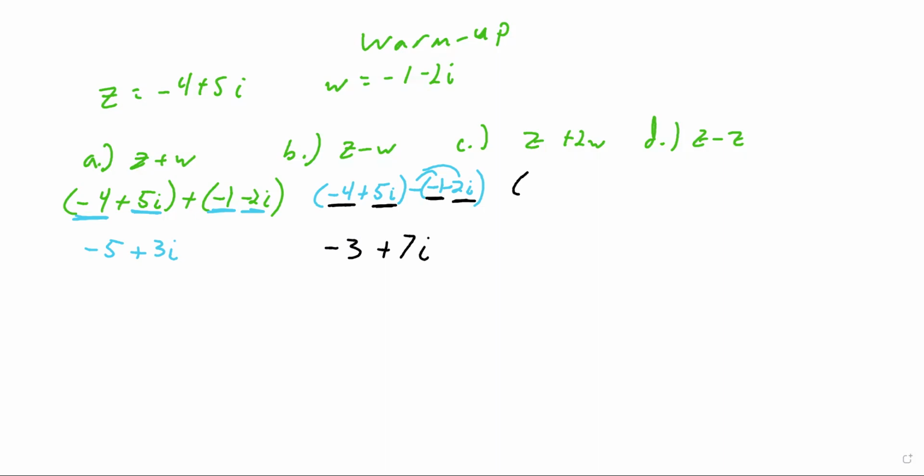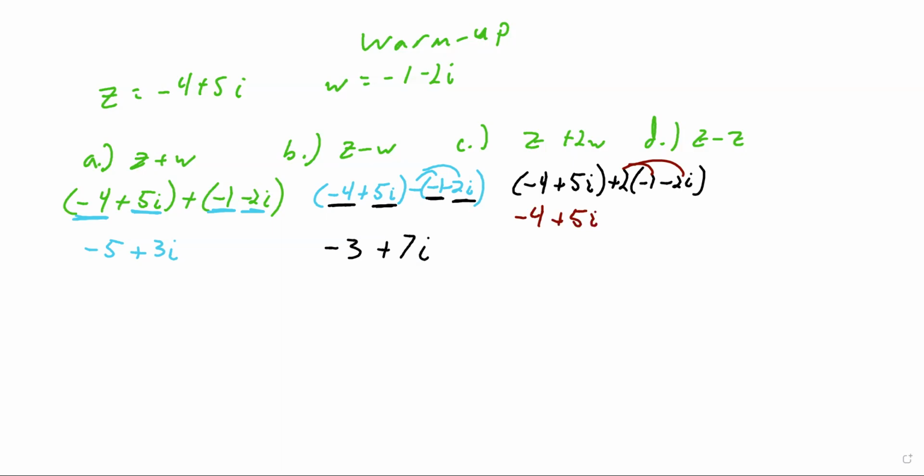This will just be -4 plus 5i plus 2 times, where's my W? -1 minus 2i. I'll have to move this part over. What do I got to do first? All right, so when I distribute, I'll get -4 plus 5i.